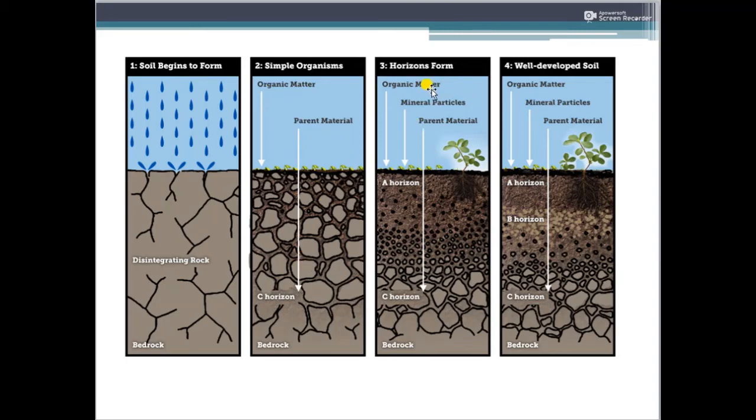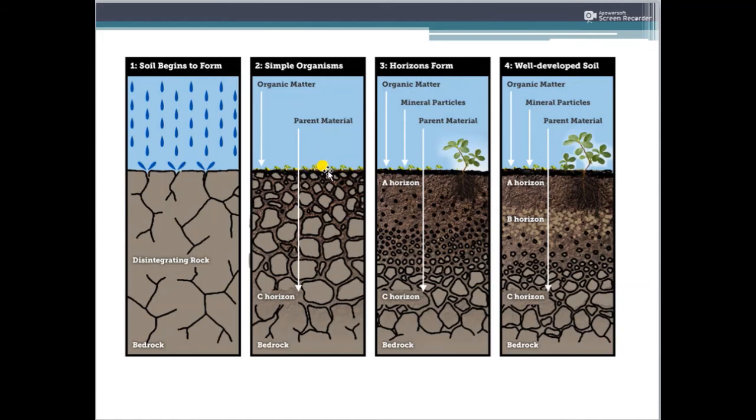And further on, after the small organisms have been found, the disintegration of the soil increases here, and the accumulation of organic matter is also found to be more in the A horizon, and sequentially plants start growing on them.